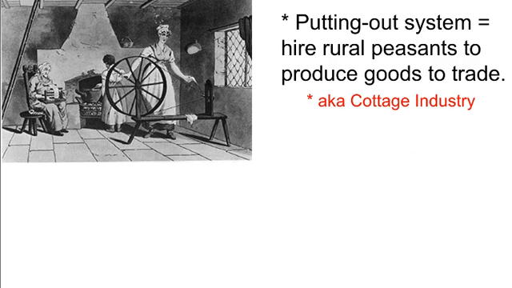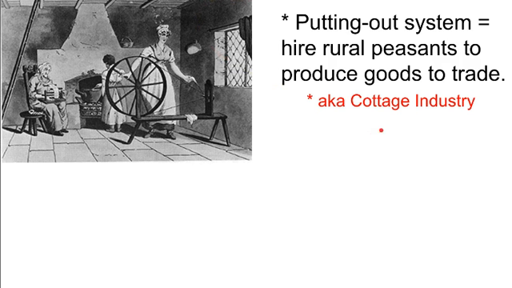So we start seeing this kind of relationship form between workers who produce goods, they give it to the employer, right, the owner, and then the owner sells it and makes a profit. So the peasants are not making profit themselves. They're earning a wage. They're free laborers. They're wage laborers, right? They're working for someone and they're getting paid to do a job, right?